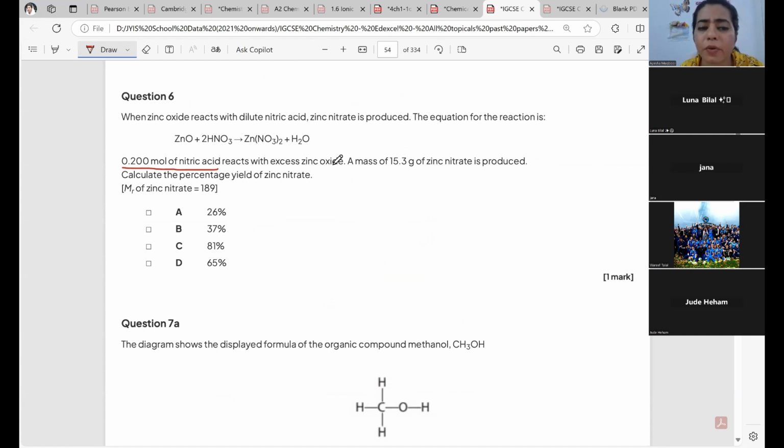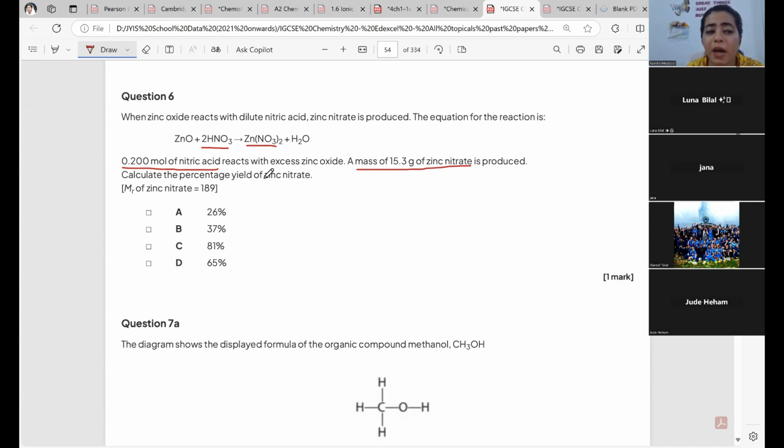There is no information about zinc oxide, but we know the moles of nitric acid, which is HNO3 here. A mass of 15.3 grams of zinc nitrate is produced. Calculate the percentage yield of zinc nitrate.